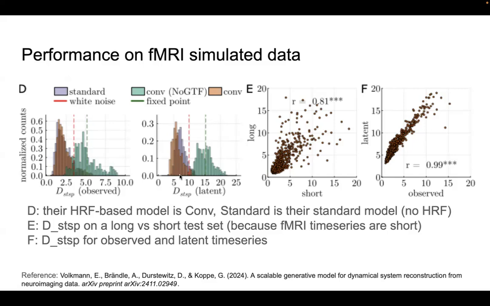The reason why these are distributions is because they fit this model with different random initializations. They're neural networks, right? So you have to initialize them with some random matrix. And they do this like 10,000 or 1,000 times, let's say. Then they look at the distribution of how well these models are working. In that sense, I think that's good practice in terms of how often you get the correct system fitted.